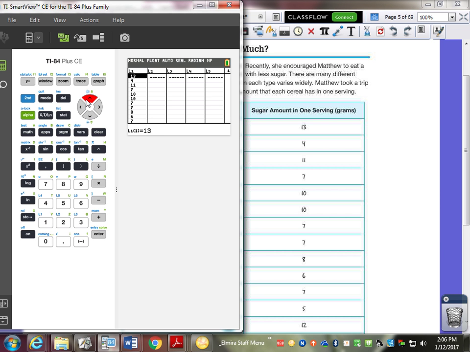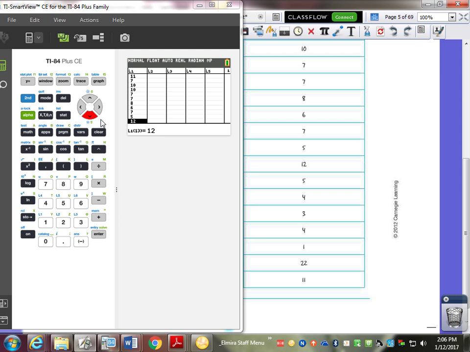So if you don't enter stuff in right and you have typos, and the typos are the reason you have things wrong, I won't know. I have no way of knowing that. So you won't be able to get partial credit based on the work that you show, because there really isn't a lot of work to show. Okay, so be very cautious. Double check every value you put in.